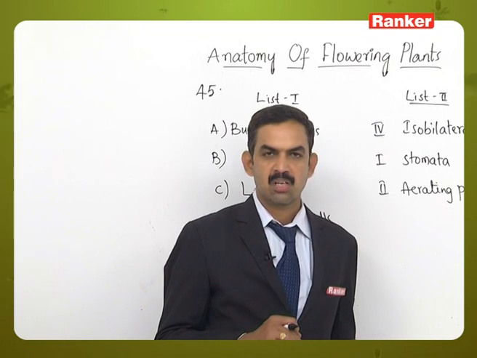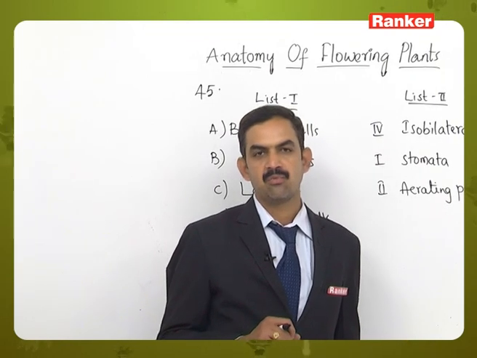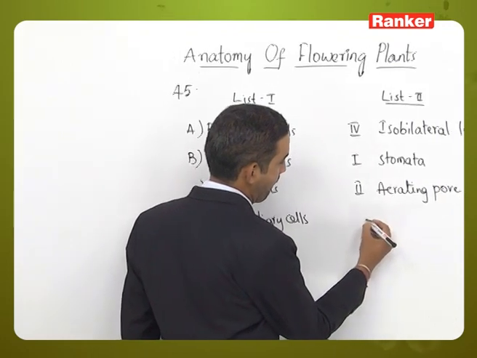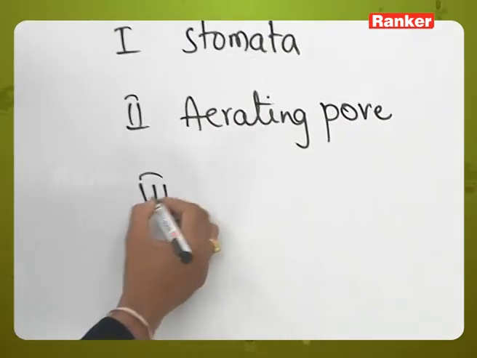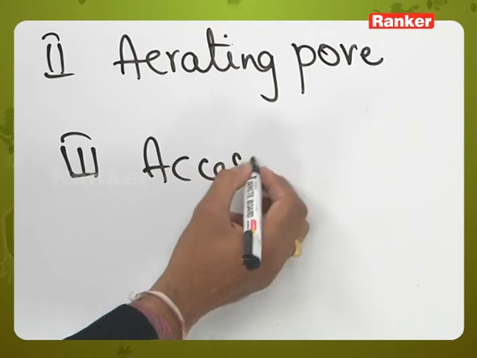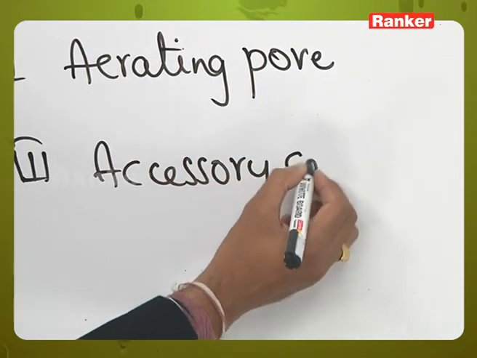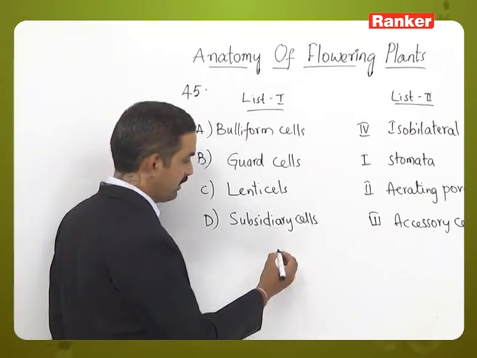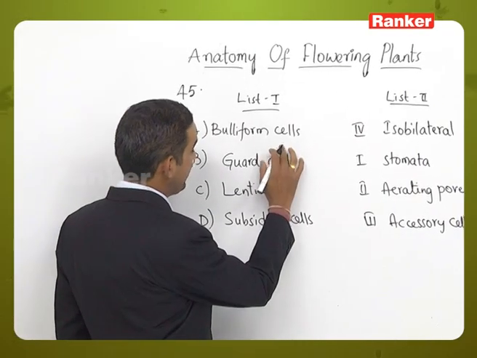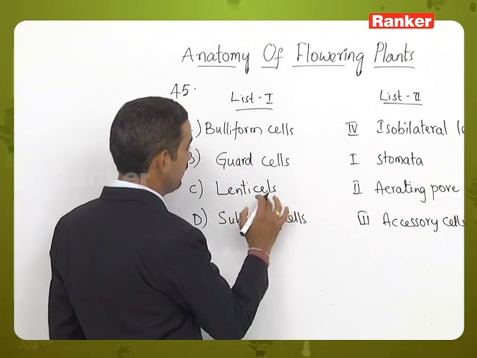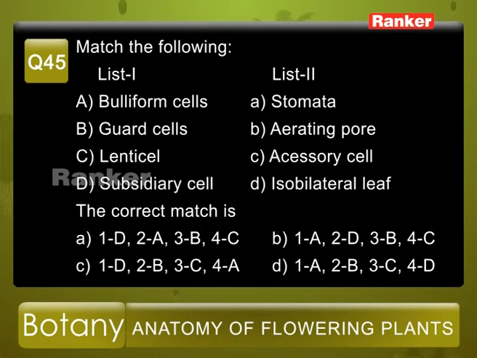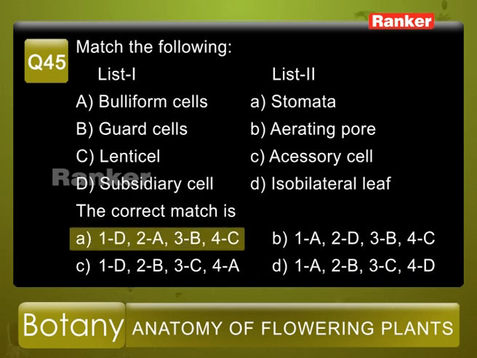So these are considered accessory cells for the stomata. So from the given options we can say that 1-A 4, B 1, C 2 and D 3 is the correct match. So from the given options, option A is the correct answer.